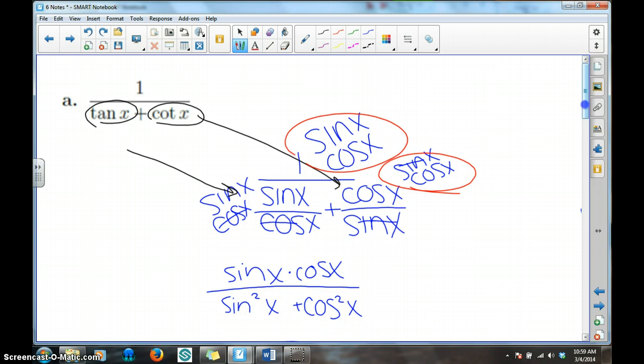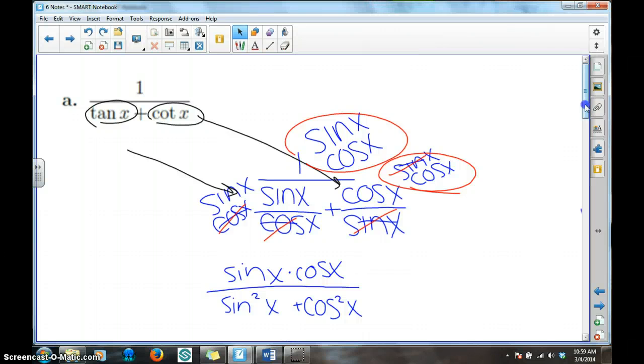A lot of people I walked around, I saw only putting it in the denominator because the numerator seems so simple. Why disturb it? Well, because it's wrong if you don't disturb it. Once you've done that, you cancel what you had, and you are left now with a sine squared plus a cosine squared on the bottom. The denominators did collapse, but you still have a sine times cos on the top.